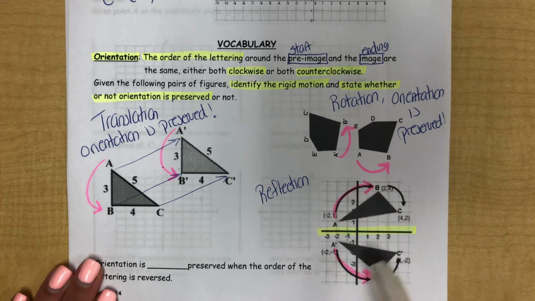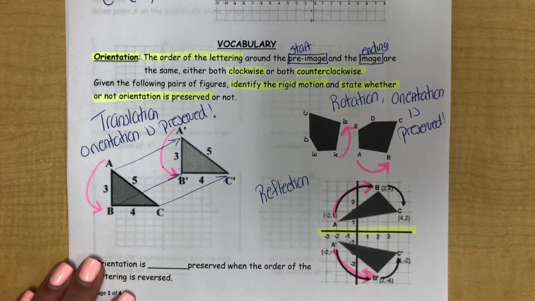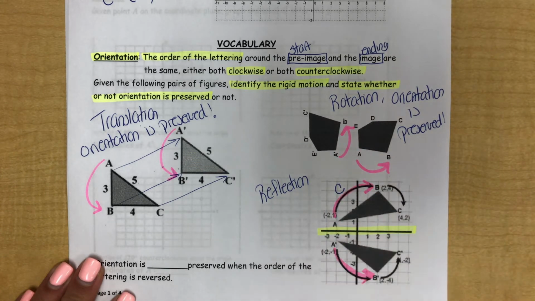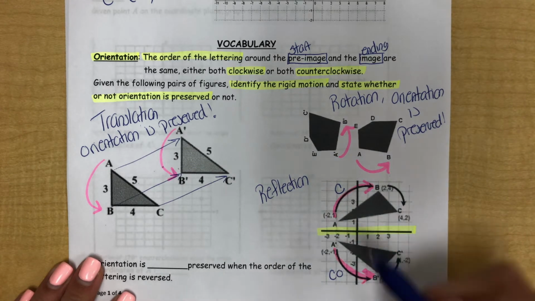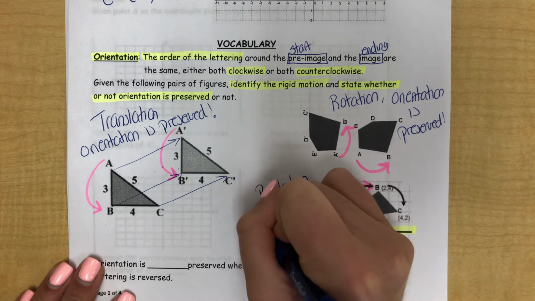If I look underneath, this is counterclockwise. I'm turning back time. Since these are different, right? I have clockwise up top, I'm gonna just put a little C, and I have counterclockwise down below. I'm gonna put a little CO. These are different, so I know that orientation is not preserved.